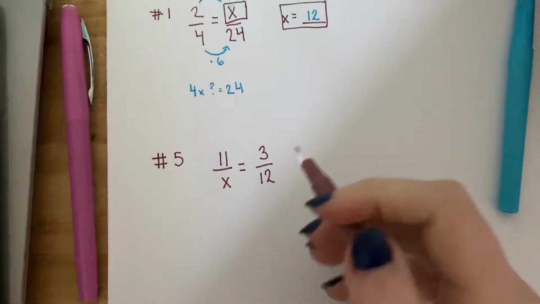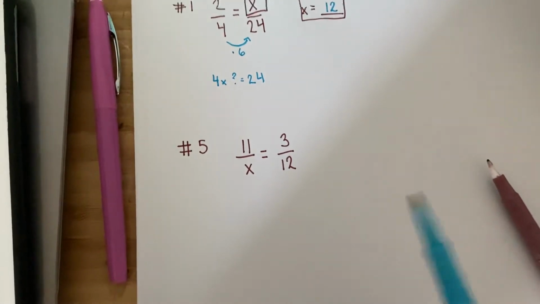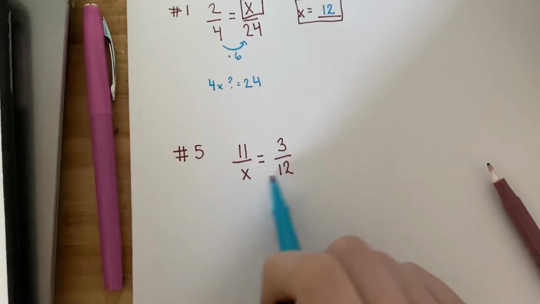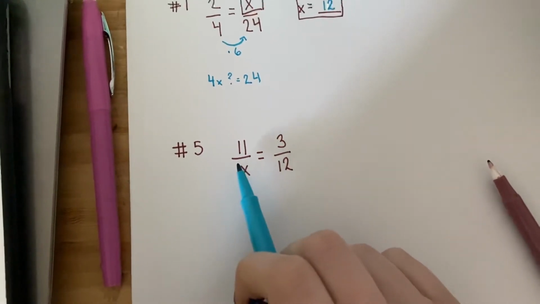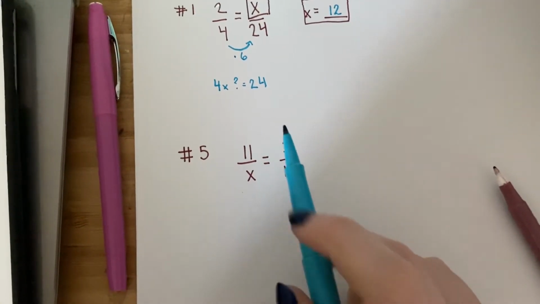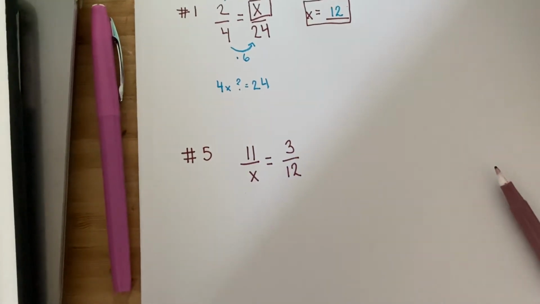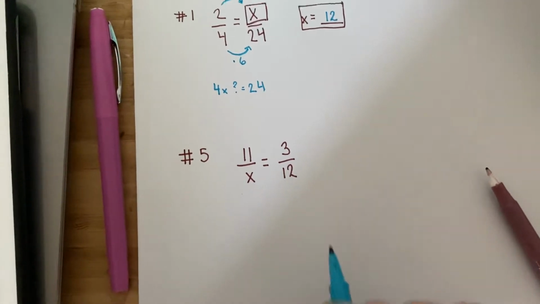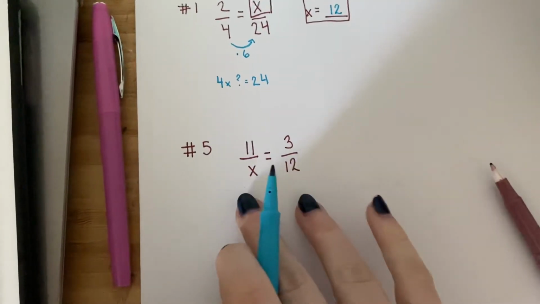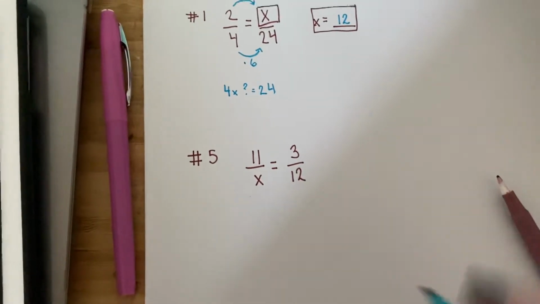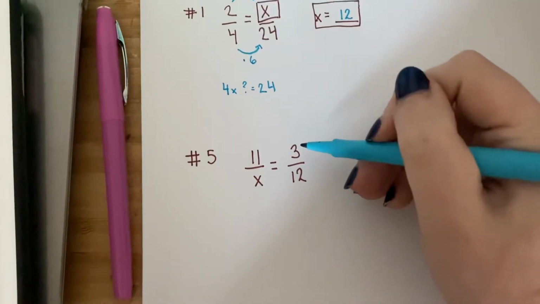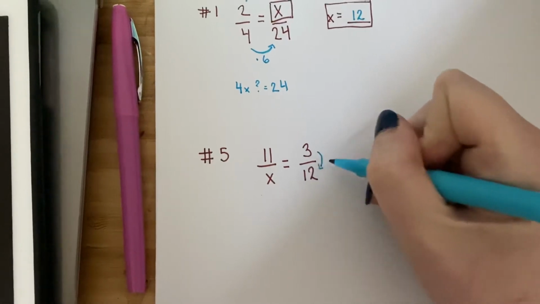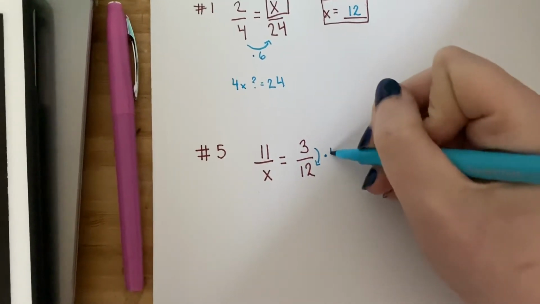The first thing I'm gonna try and do again is see if there's anything that gives me a hint at how to get from what I do know to what I don't know. So do I know what number takes me from 3 to 11? No, I don't automatically know that. So I'm gonna look at other pieces of this problem to give me another hint. I do know, however, what takes me from 3 to 12, and I know that is multiplying by 4.